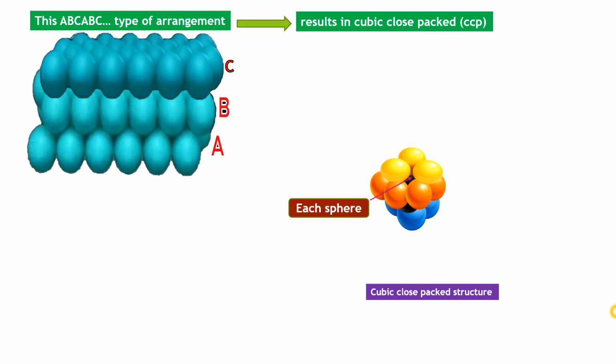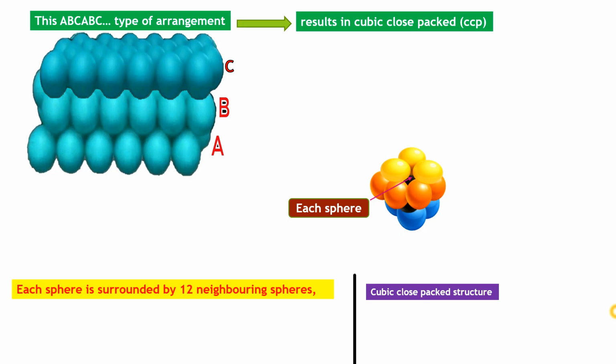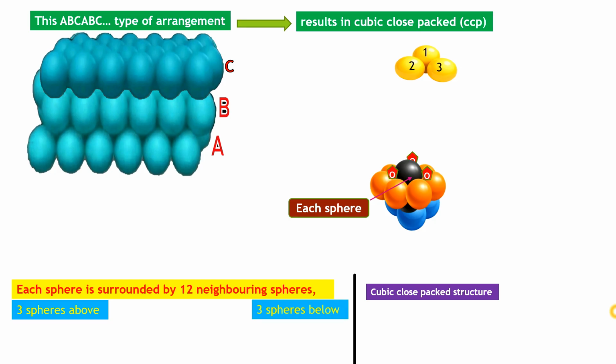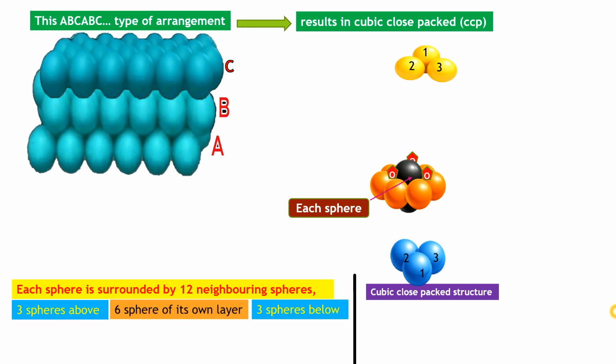Each sphere is surrounded by 12 neighboring spheres: 3 spheres above, 3 spheres below, 6 spheres of its own layer.